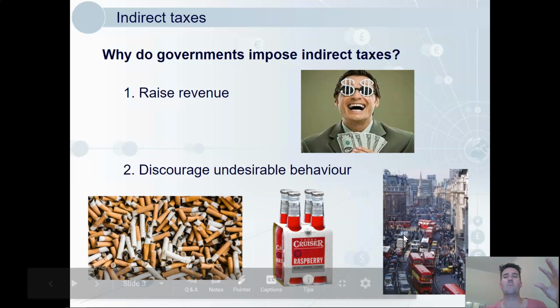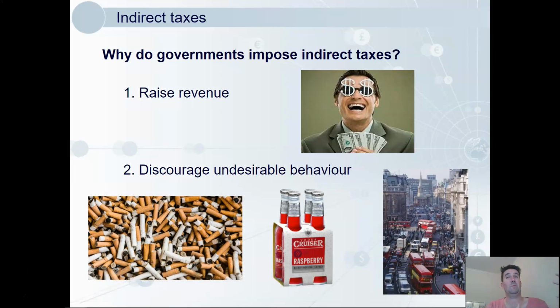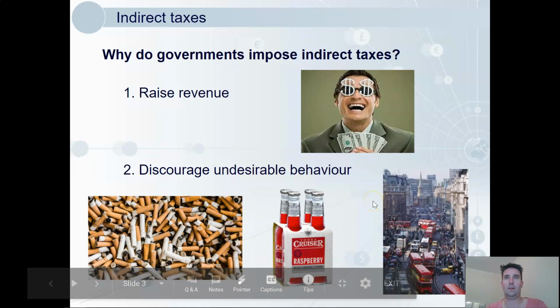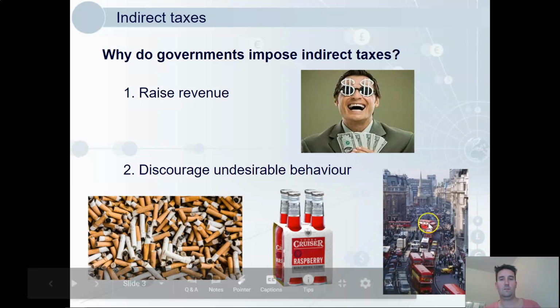This is a picture of London where they've put a tax essentially on driving into the centre of London, so fewer people do it. We get more onto this when we look at market failure, and that's section 2.8. So that's why we do taxes.